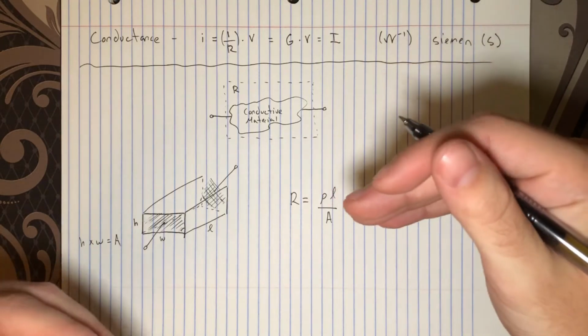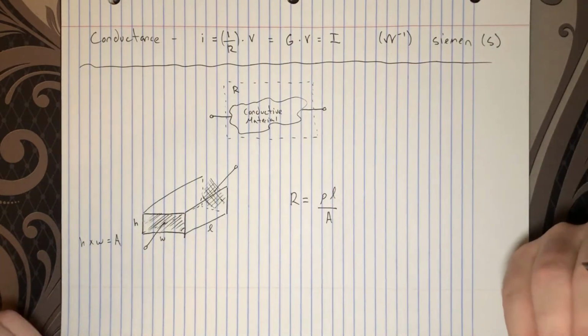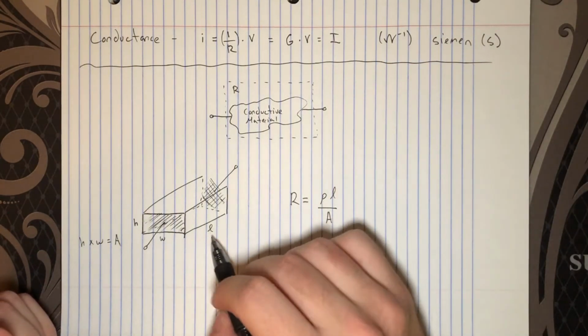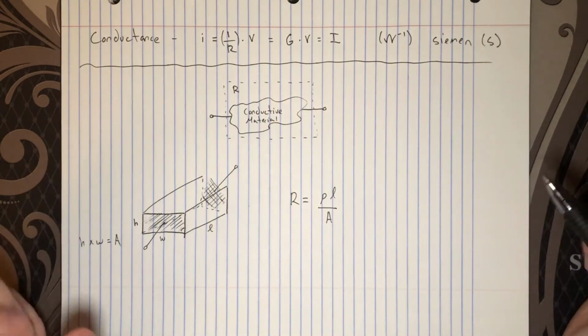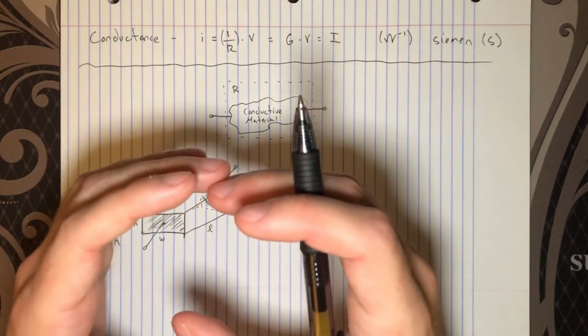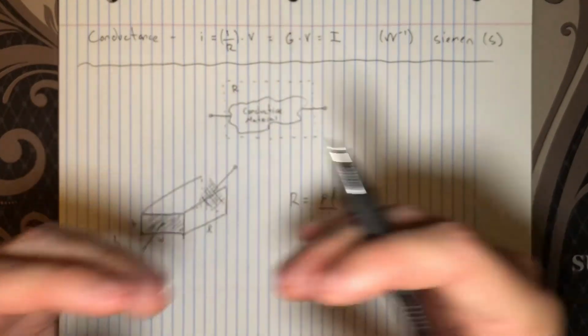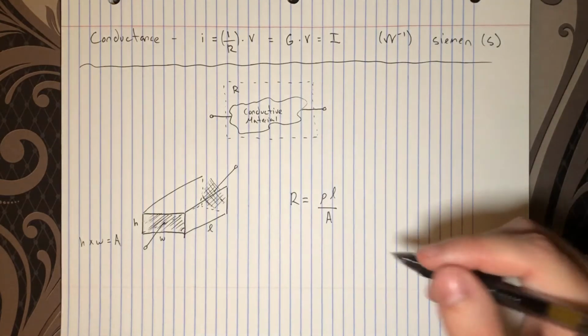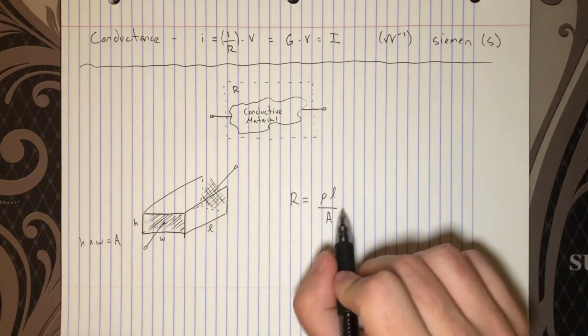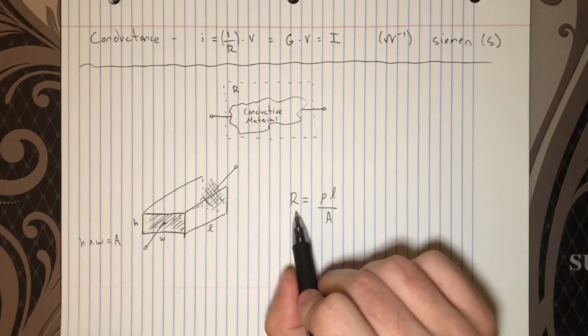There's more collisions between particles, and it's more difficult for the current to flow. So we know intuitively that the longer this is, there will be a greater resistance to the flow of current, and the less area that the current has to flow, there will be a greater resistance to the flow of current.